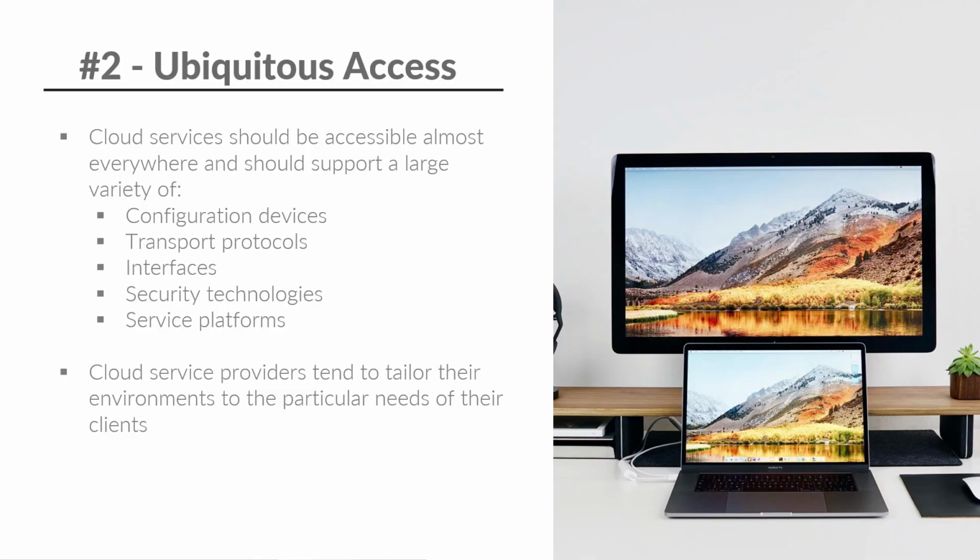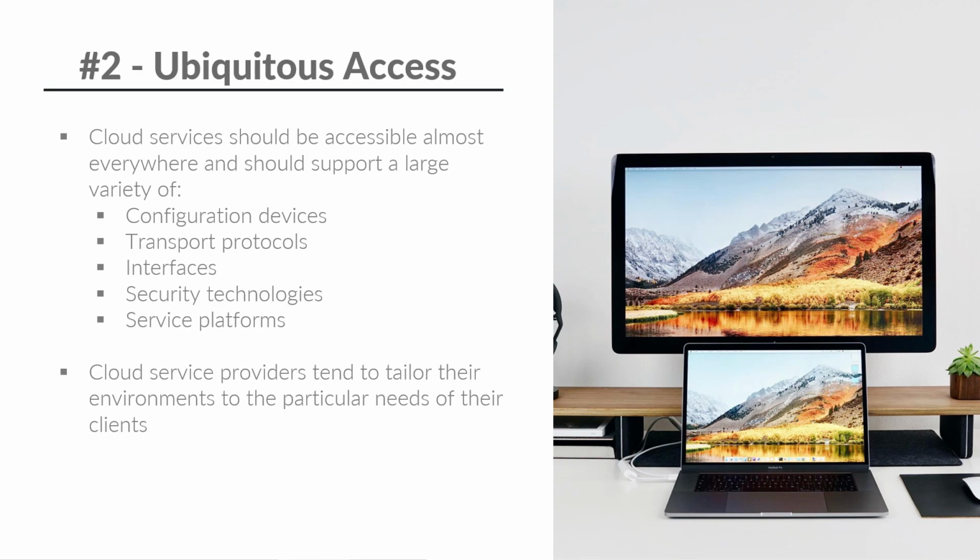Now our second characteristic, ubiquitous access, like the internet, right? Ubiquitous access basically represents the ability for a cloud service to be widely accessible. Establishing ubiquitous access for cloud services can require support for a range of devices, transport protocols, interfaces, security technologies, and so on.